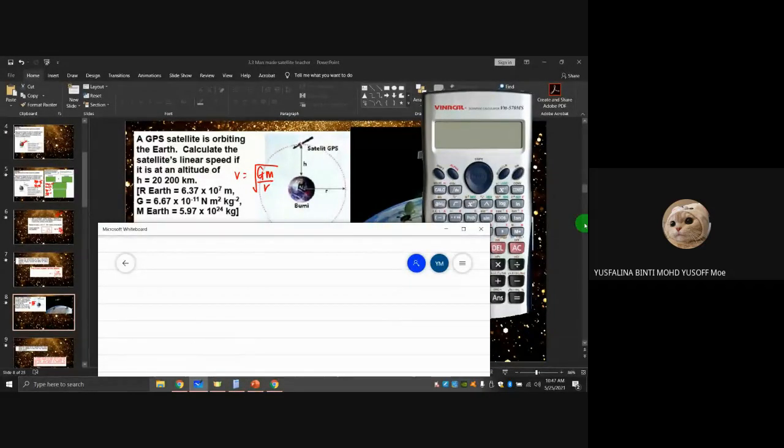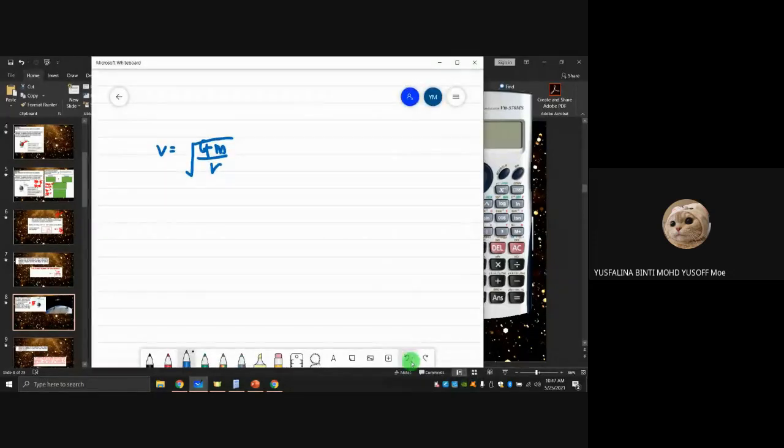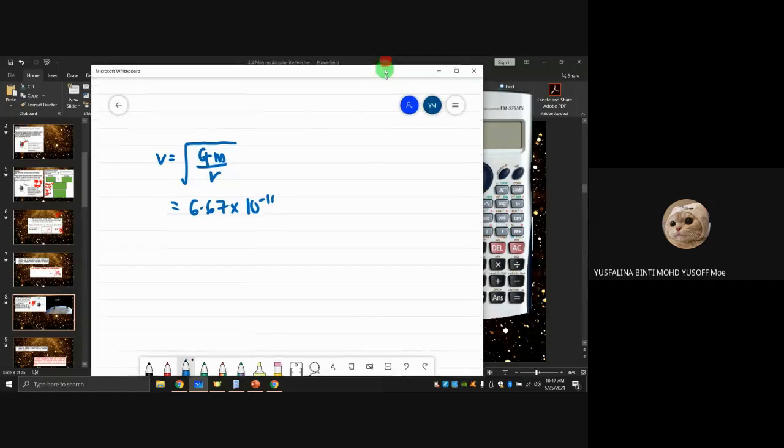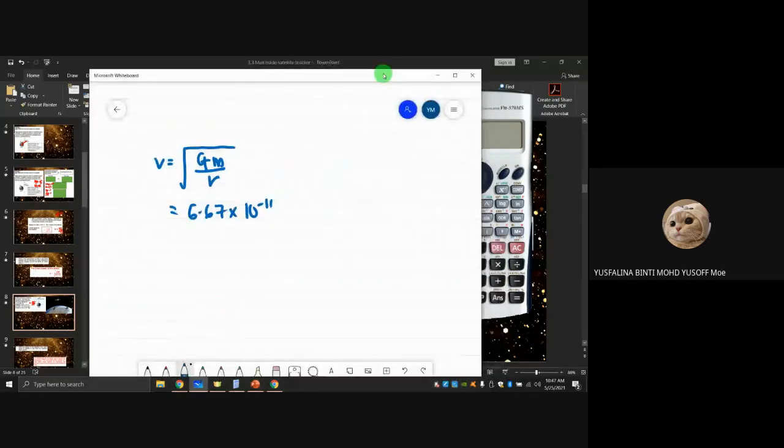So we use this formula, right? Did you square root it? 6.67 times 10 power of negative 11. And then the mass is 5.97 times 10 power of 24.